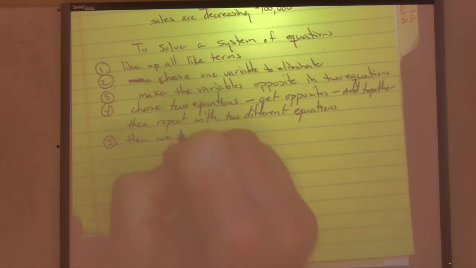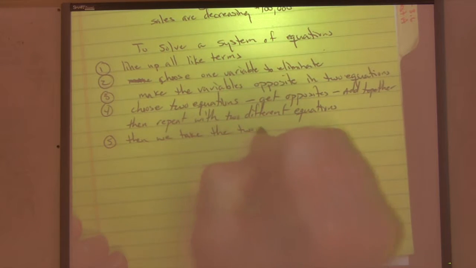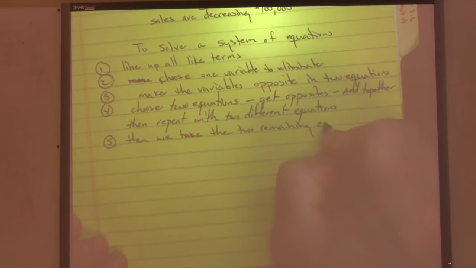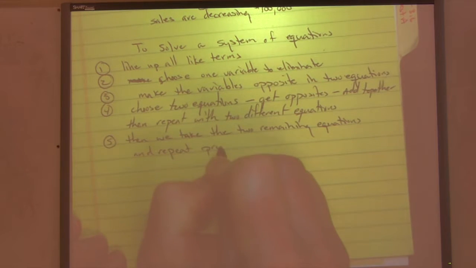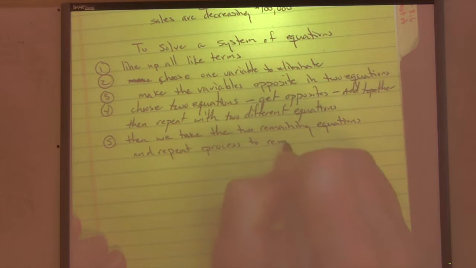Then we take the two remaining equations and repeat the process to remove another variable.